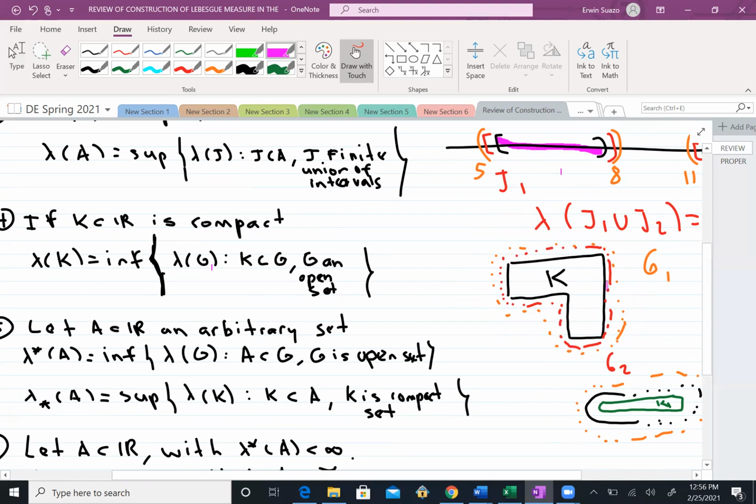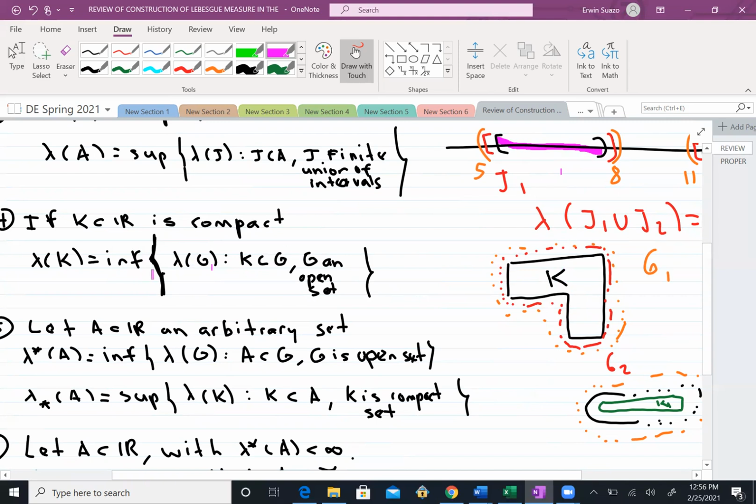But also G2 is an open set that contains K. So of course what you want is to get closer and closer to K, and that's going to be the measure. So it's basically going to be the area, right? That's why you take the inf.